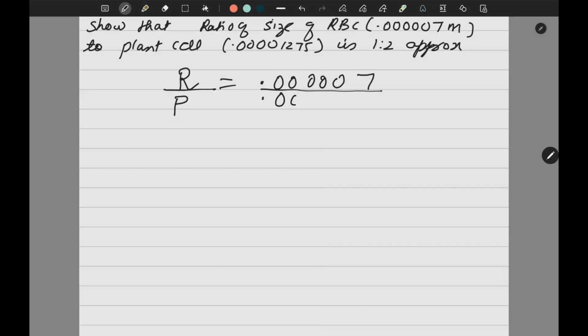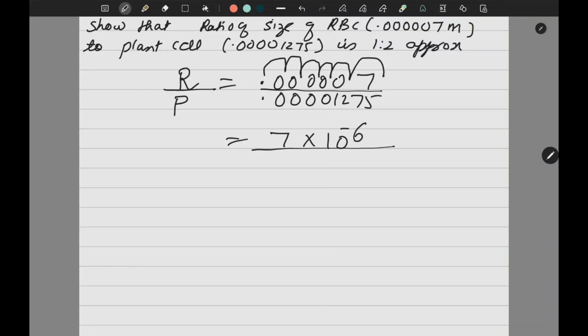First let me write 1.2 7 5, which is equal to 1.2 7 into 10 to the power 6. Intentionally I am going till 6 places, so 12.75 into 10 to the power minus 6.